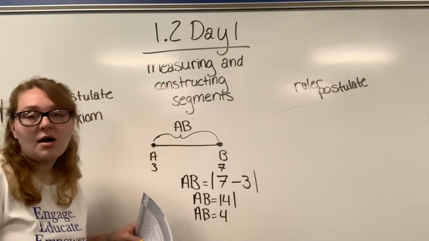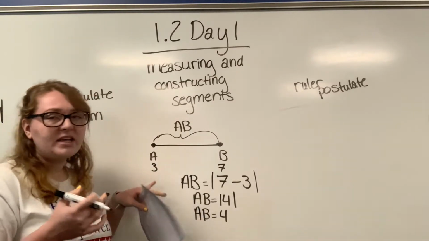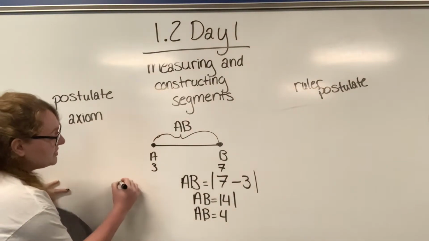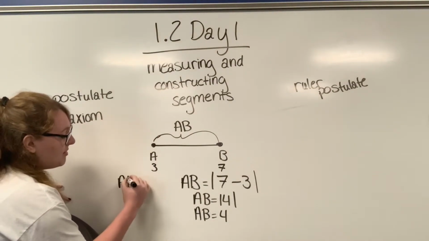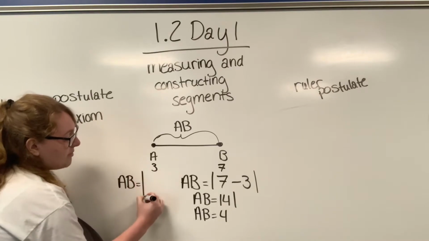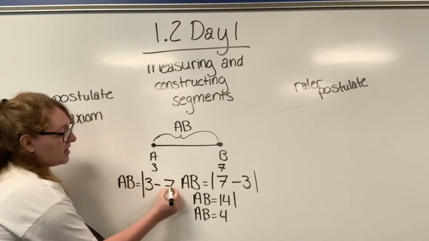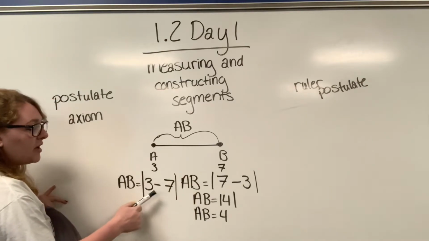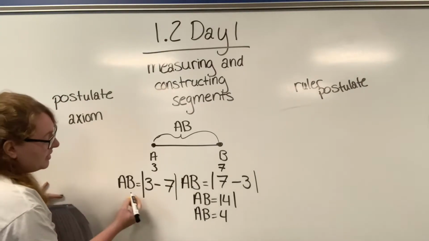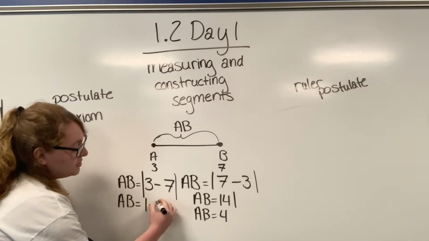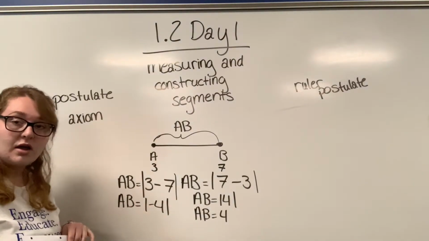Okay, and you're probably wondering, what if I pick 3 as my first point and 7 as my second point? Well, that's okay too. You'd actually get the same answer. Again, AB equals the absolute value, and this time I'll put 3 first, minus 7. 3 take away 7 will leave you with a -4, the absolute value of -4.